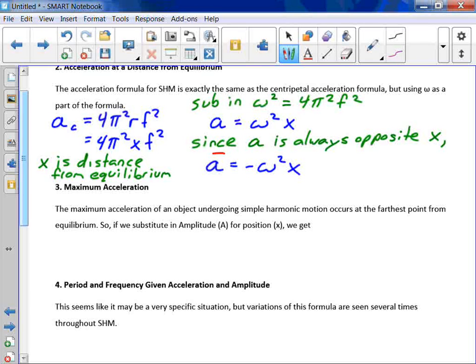That's the final version of that equation. So this is to calculate the acceleration of an object undergoing simple harmonic motion at a certain distance x from its equilibrium point.